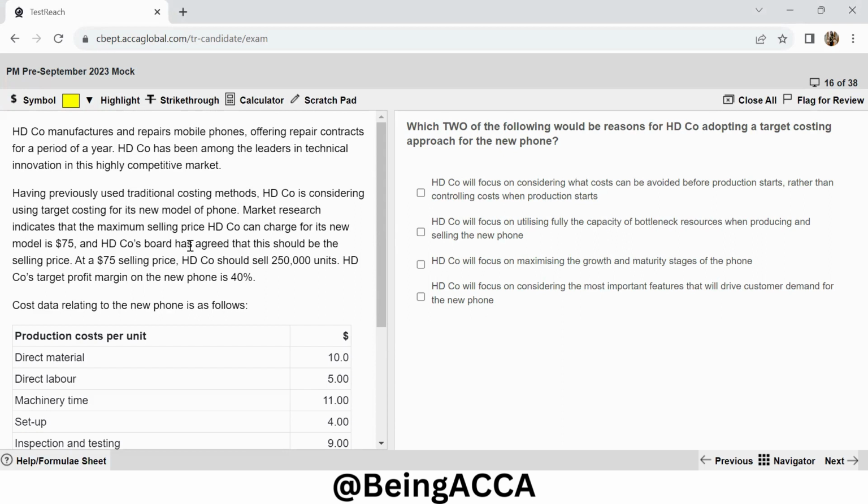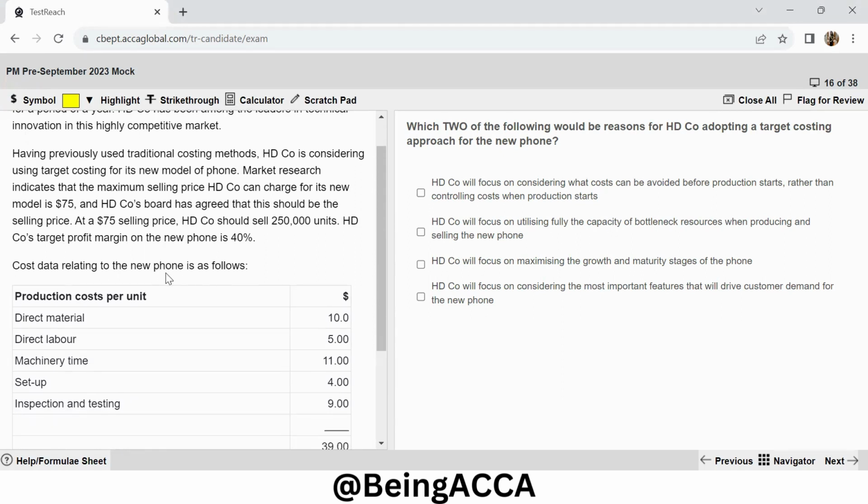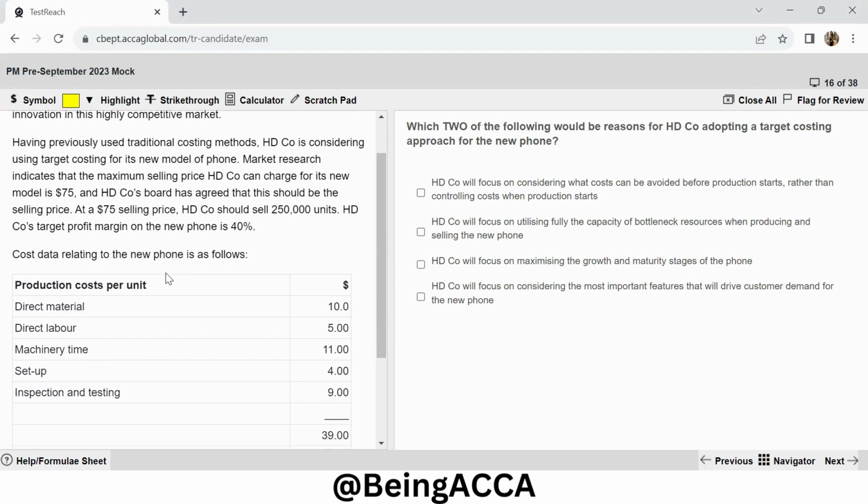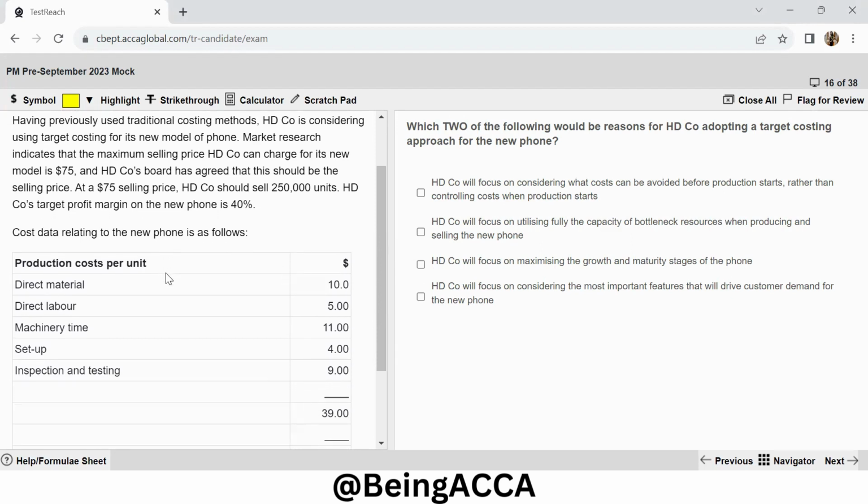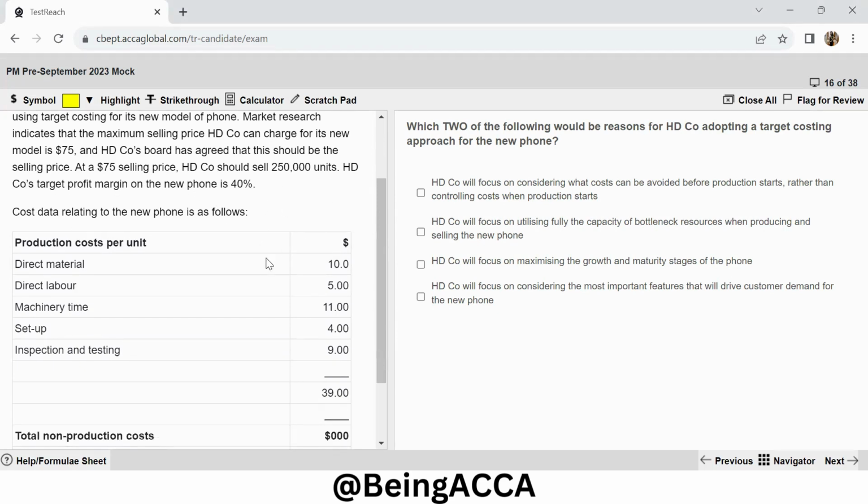Having previously used traditional costing methods, HD company is considering using target costing for its new model of phone. Market research indicates that the maximum selling price HD company can charge for its new model is $75, and HD company's board has agreed that this should be the selling price. At a $75 selling price, HD company should sell 250,000 units.